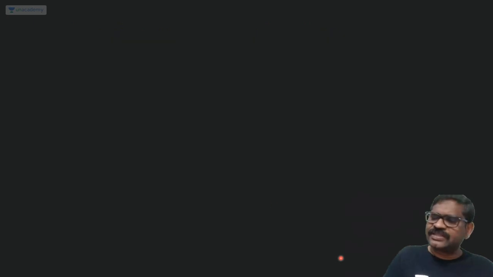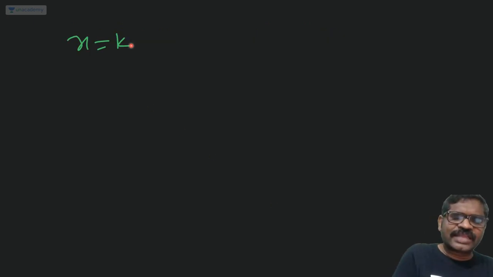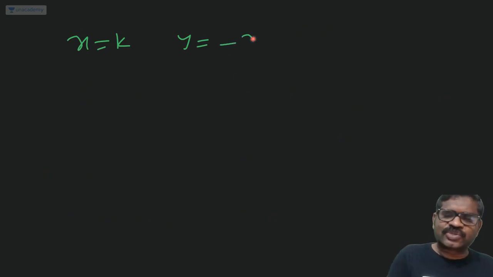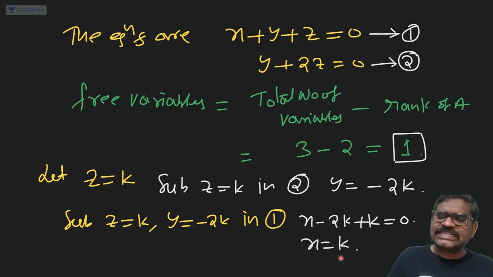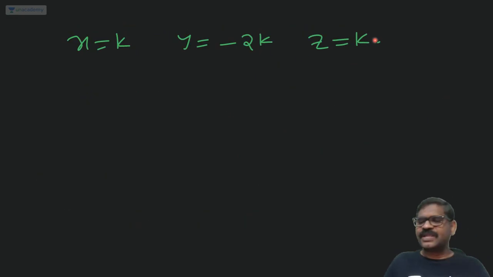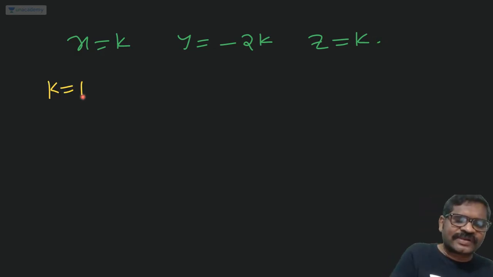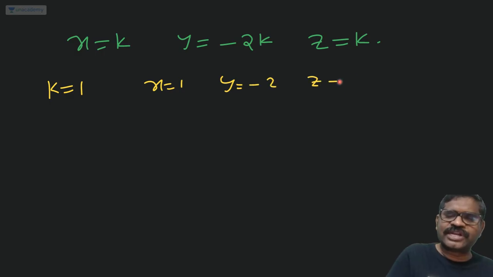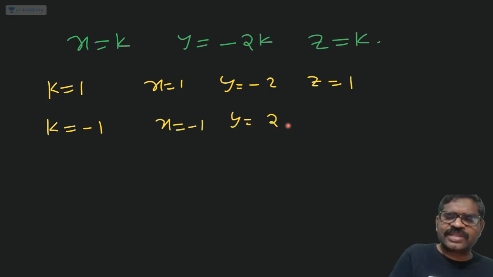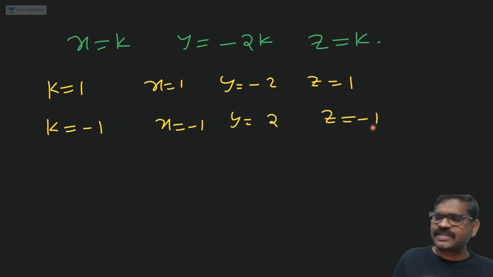Therefore, X is equal to K, Y equal to minus 2K, Z is equal to K. Suppose if you take K equal to 1, then you will get X equal to 1, Y equal to minus 2, Z equal to 1. K equal to minus 1, X is minus 1, Y is 2, Z is minus 1.